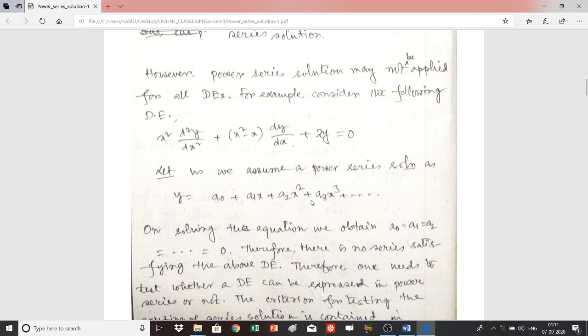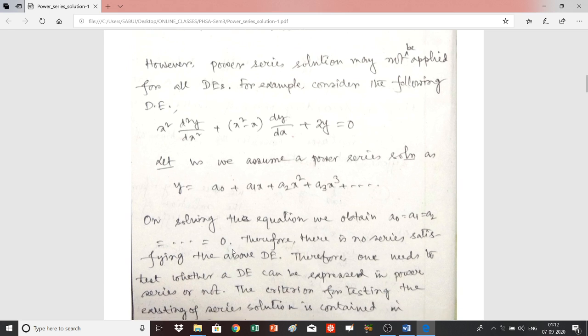And now if you try to solve this equation, we will see that all the constants, that is a0, a1, a2, a3, etc., all the constants are 0. If all these constants become 0, then there will be no solution of y.